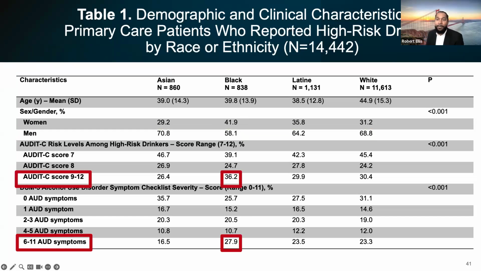And lastly, Black patients had a higher proportion of severely high alcohol consumption, as measured by the AUDIT-C score of 9 to 12, than the other racial and ethnic groups, as well as severely high AUD symptoms measured by the 6 to 11, and it's slightly higher than the other racial and ethnic groups.